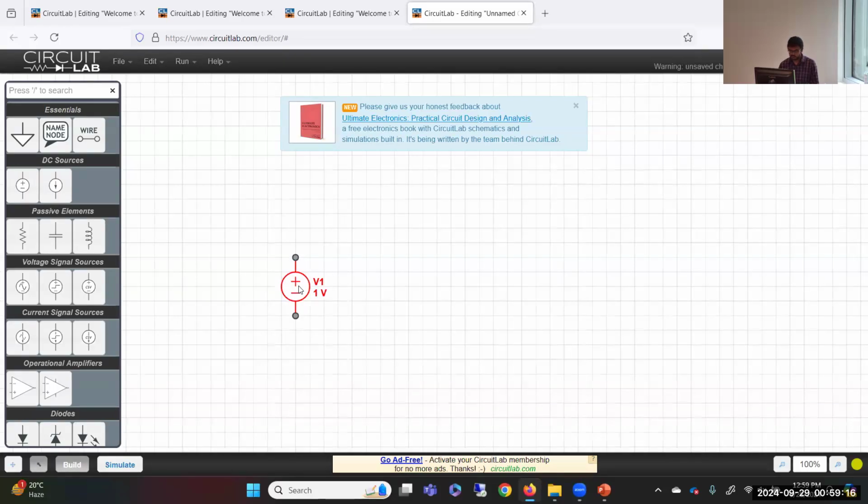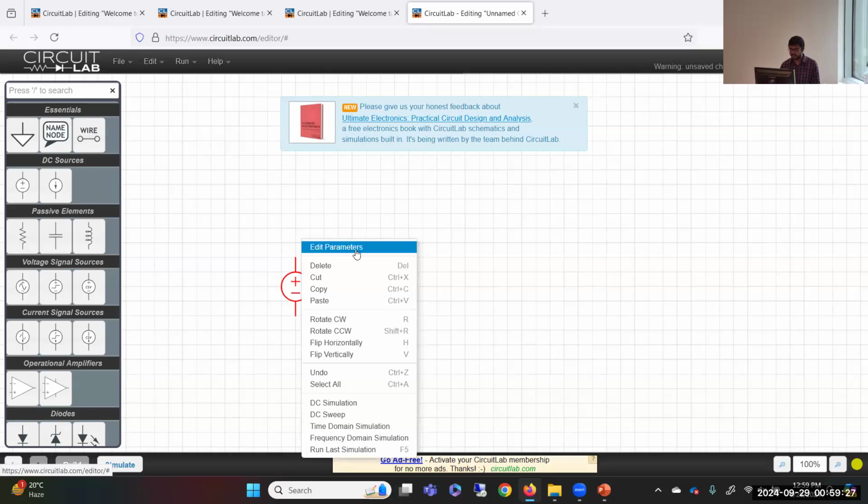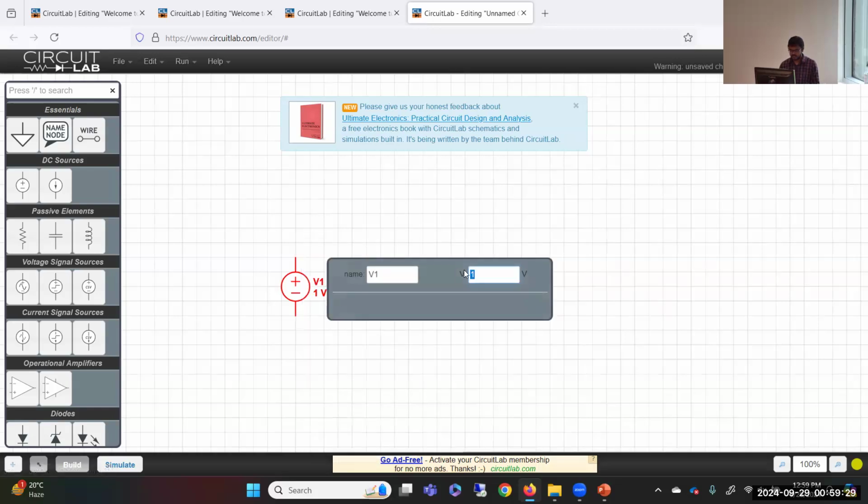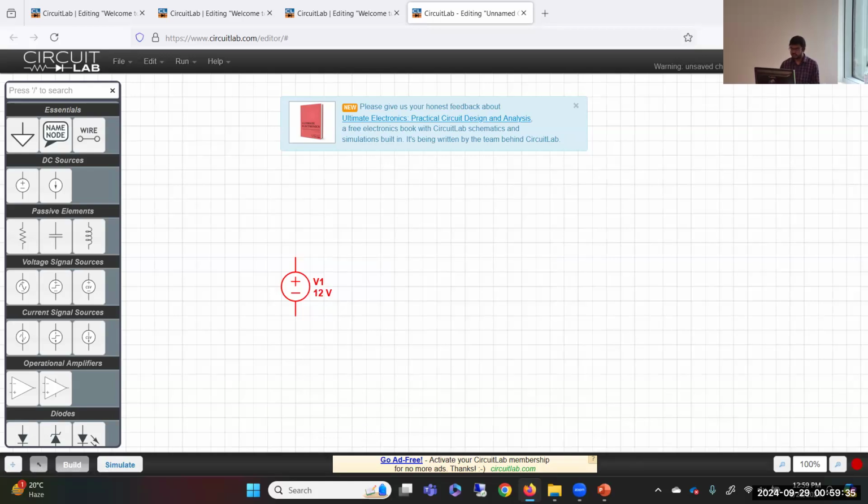So this is your voltage source, but the voltage was 12 volt, right? If you right click this, you can click edit parameters and change the value of the voltage source. You can just type 12 here and press enter, and it will be 12 volt.